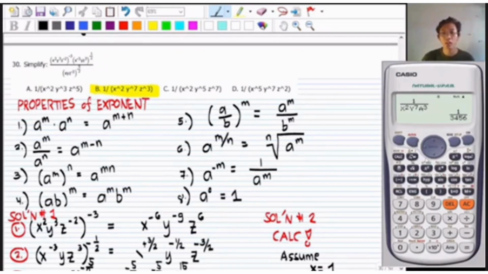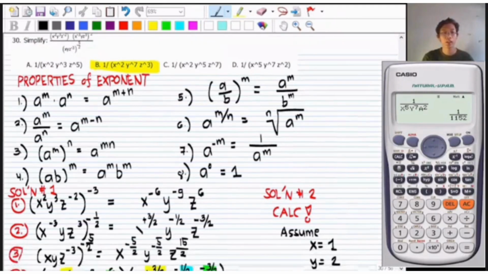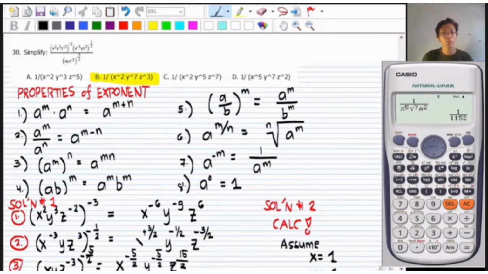Okay, try natin yung iba. May iba pa tayong makuha sagot? Wala na. Okay, so letter B lang din talaga. Okay, paki-screenshot na lang. Part 1.